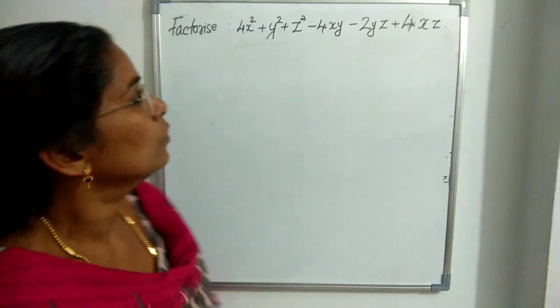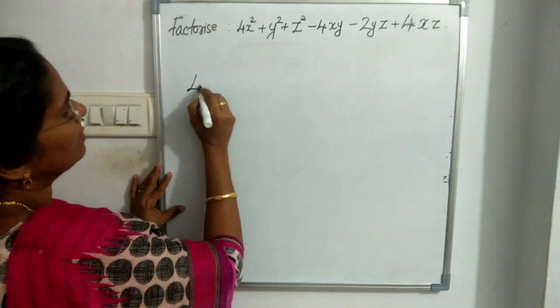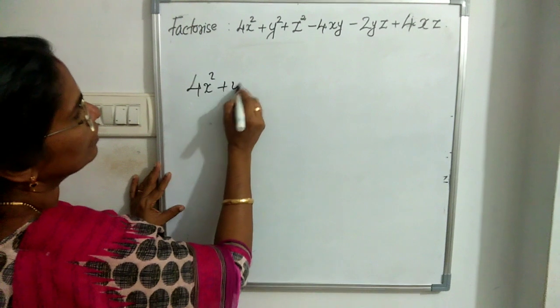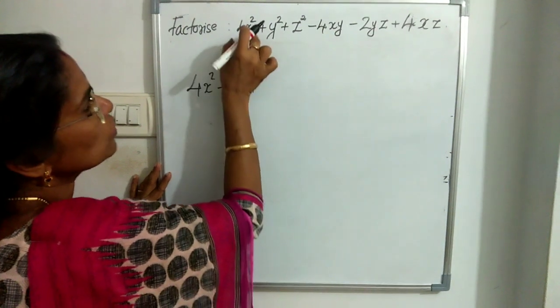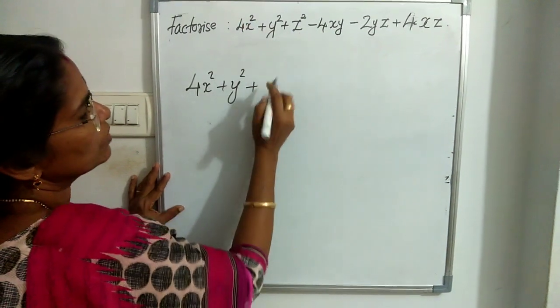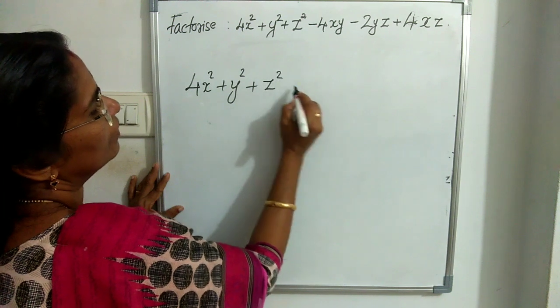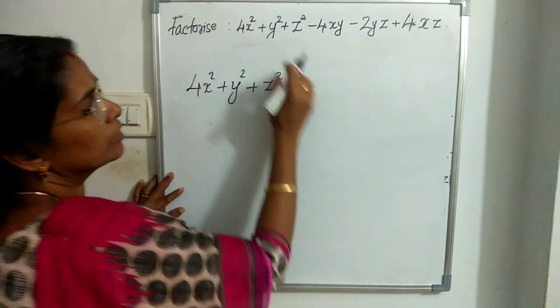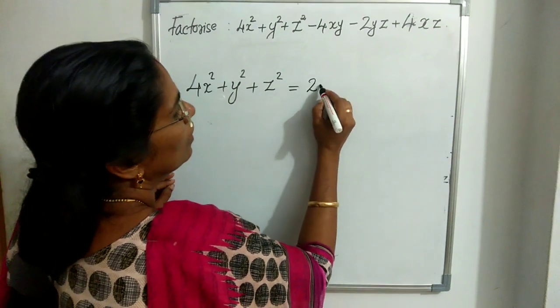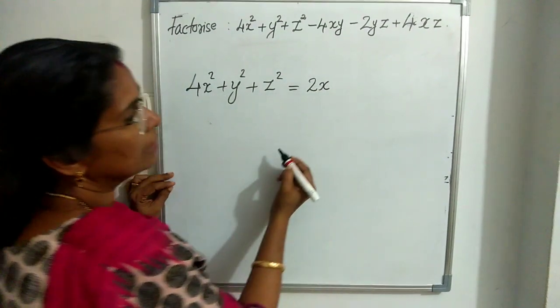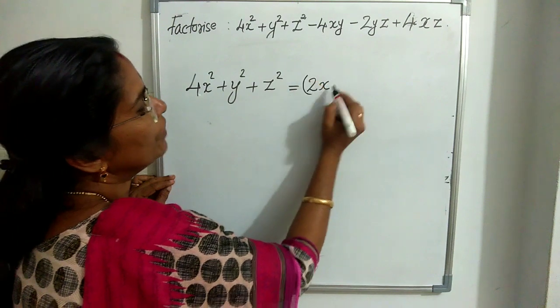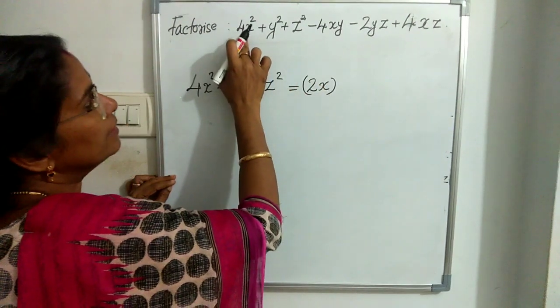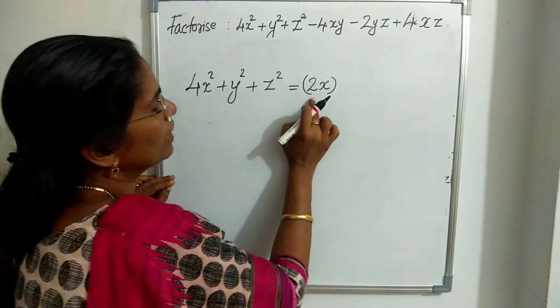So to find the factorization, you have to find the square root of these 3 terms first. What is the square root of 4x square? Square root of 4 is 2 and square root of x square is x. So we can write the given question as 2x.